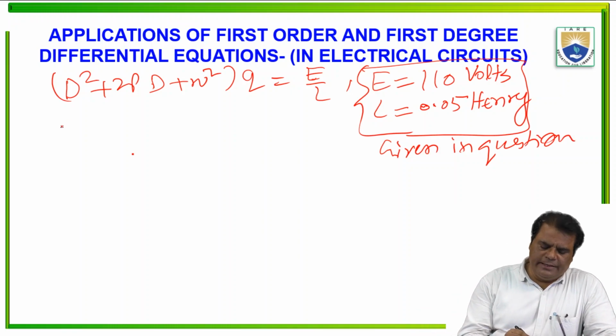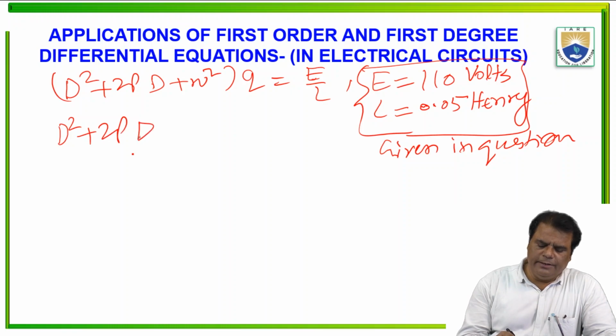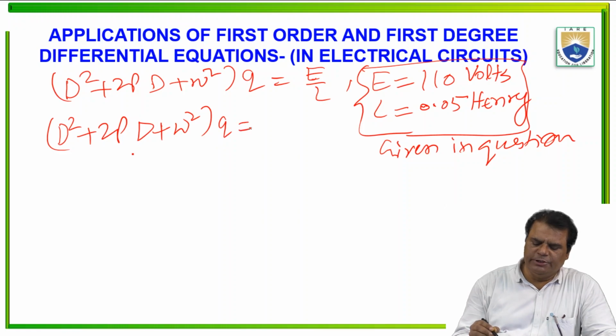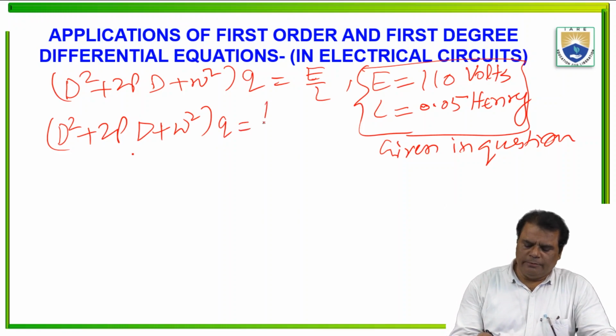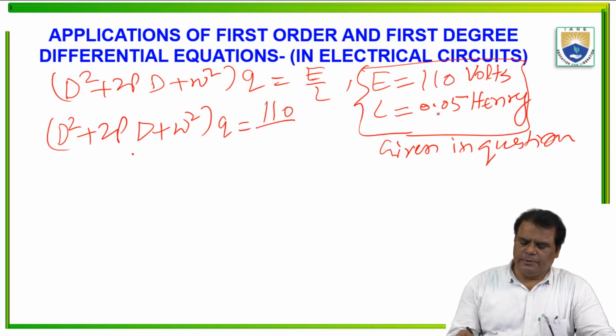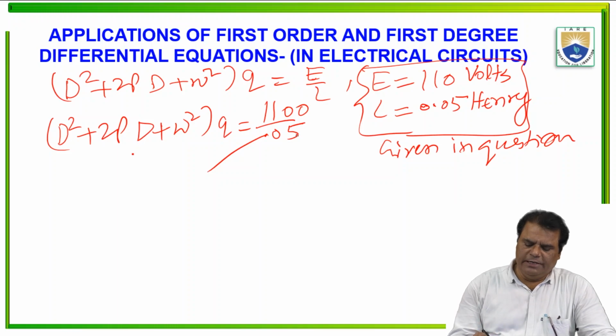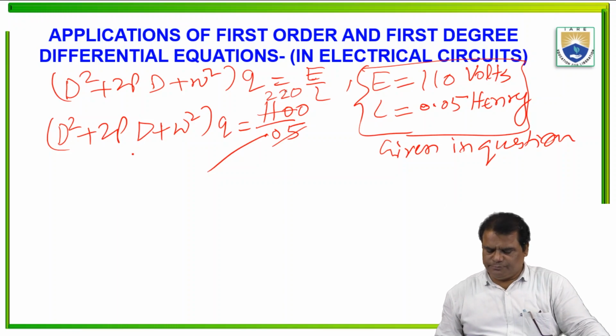So now putting here D square plus 2p D plus w square into q is equal to 110 upon 0.05. Multiplying by 5, 5 twos are 10 and 5 twos are 10, this is 220.